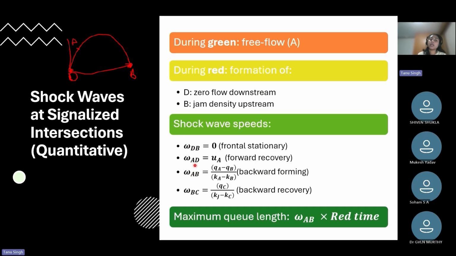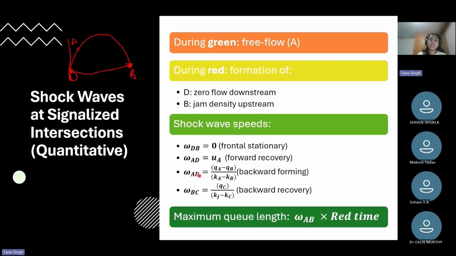Then comes omega AD. Omega AD means the slope of this line. The slope of this line is equal to the free flow speed because it is a straight line. And as we all know, the slope of this Q versus K graph is equal to the free flow speed, that is UA. So it will be equal to UA.